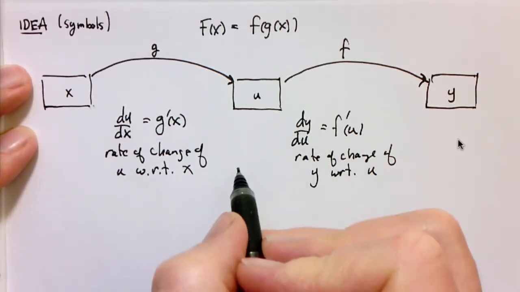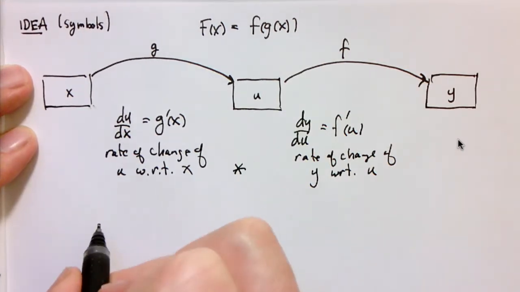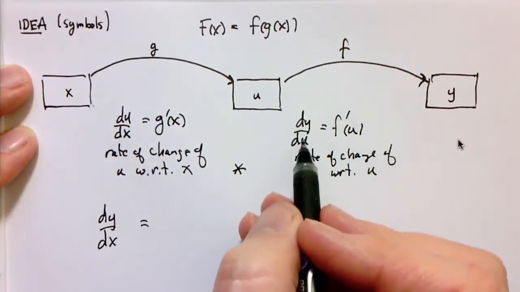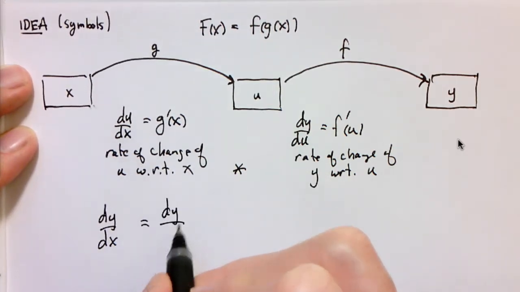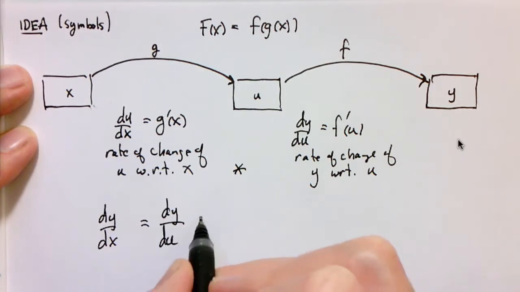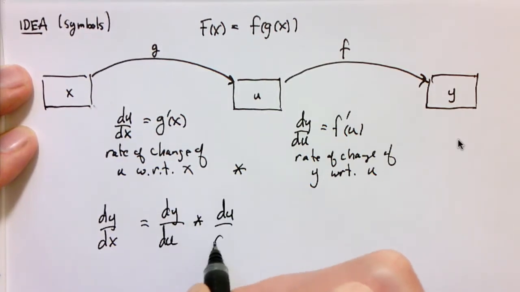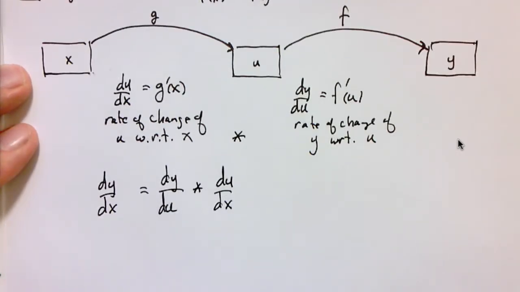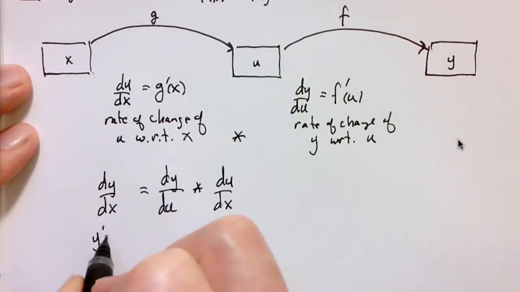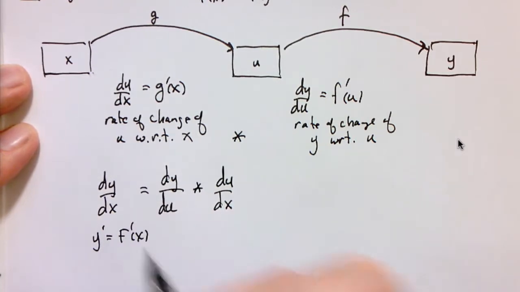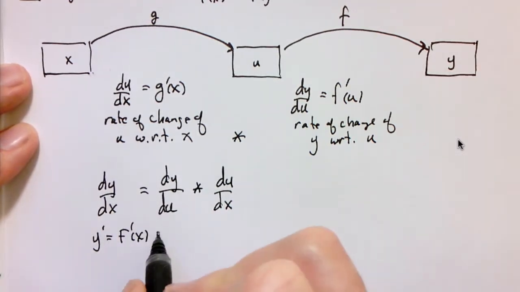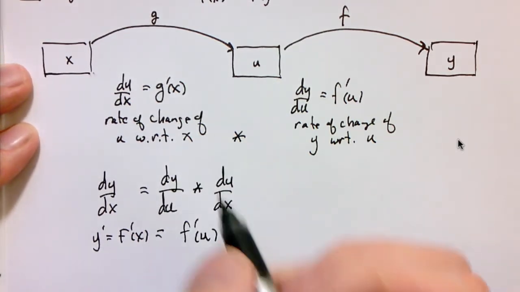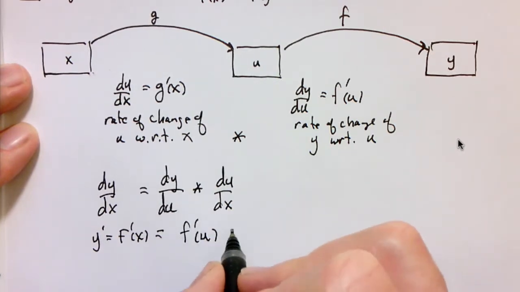So if I'm going to take the product of those, I get the entire rate of change, dy dx, equal to dy du, I'm going to start on this side just to be consistent with the way that it was written in the beginning, times du dx. If I write this in Newton notation, y prime, or f prime of x, big F now, is dy du, that's f prime of u, times g prime of x, du dx.